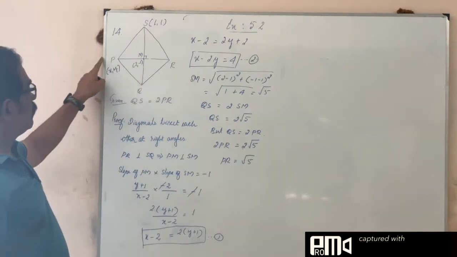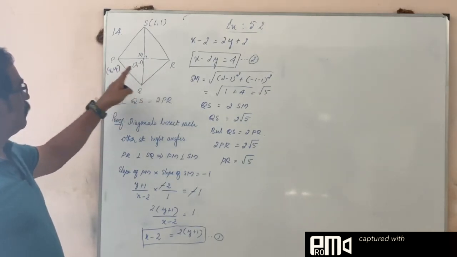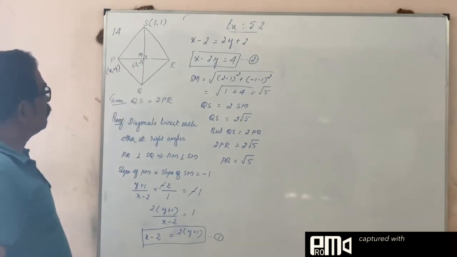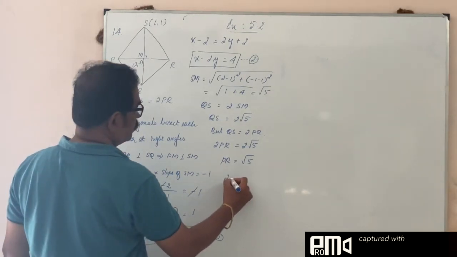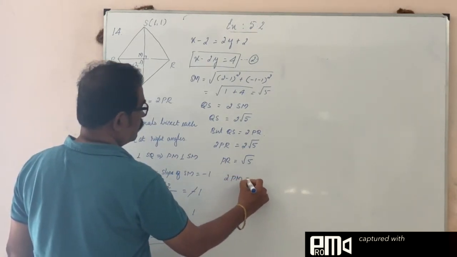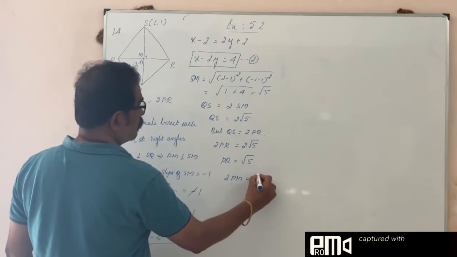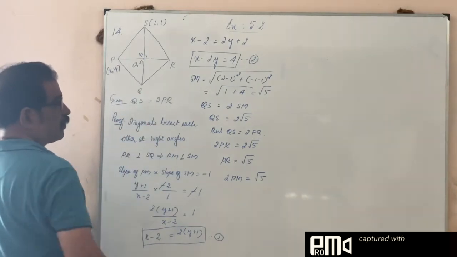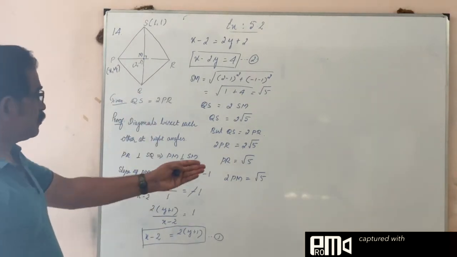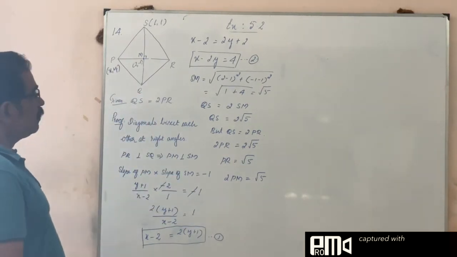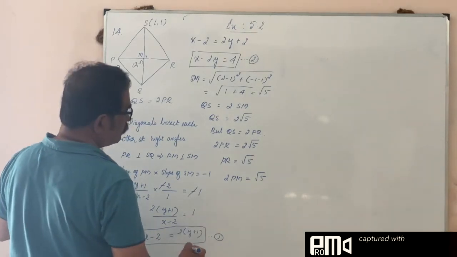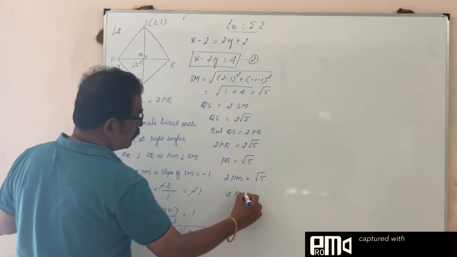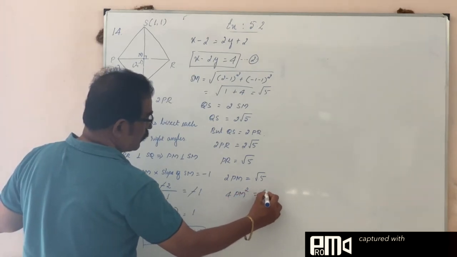PR is what? 2 times PM. Diagonals bisect each other, so we get 2 times PM is equal to root 5. And I square here, so 4 times PM square is equal to 5.